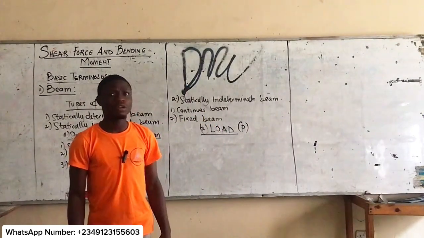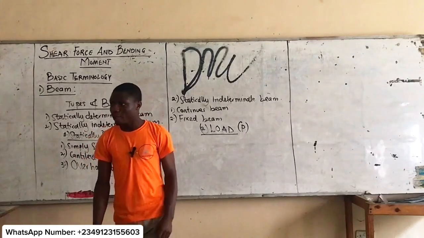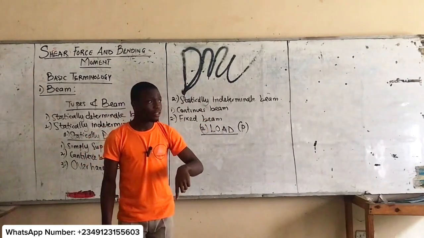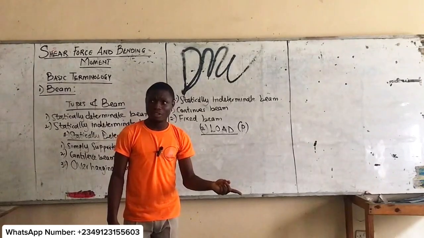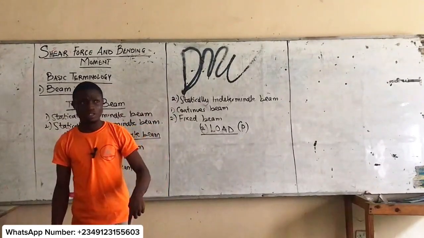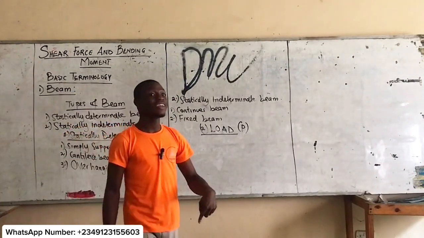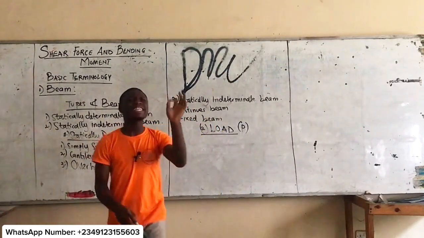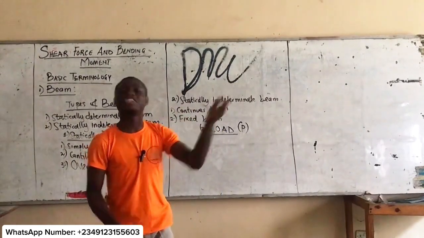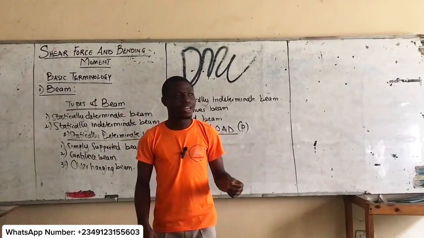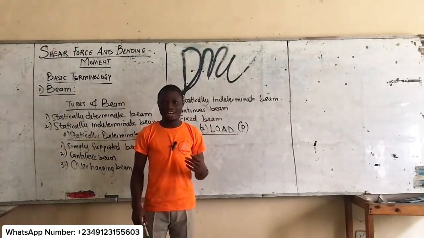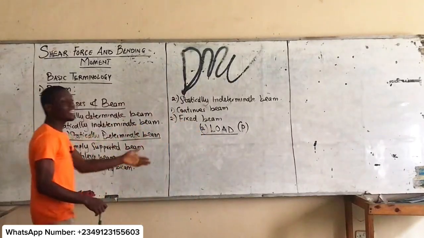W is for what? M is for what? Mass. V is for what? Velocity. U is for what? Initial velocity. Initial velocity. It makes sense.